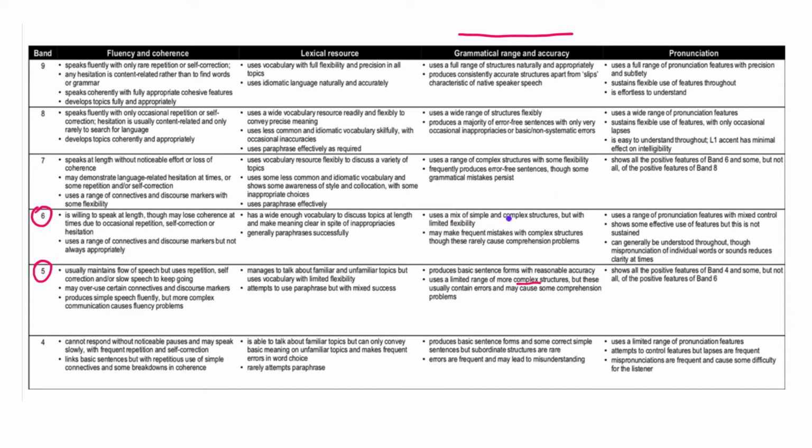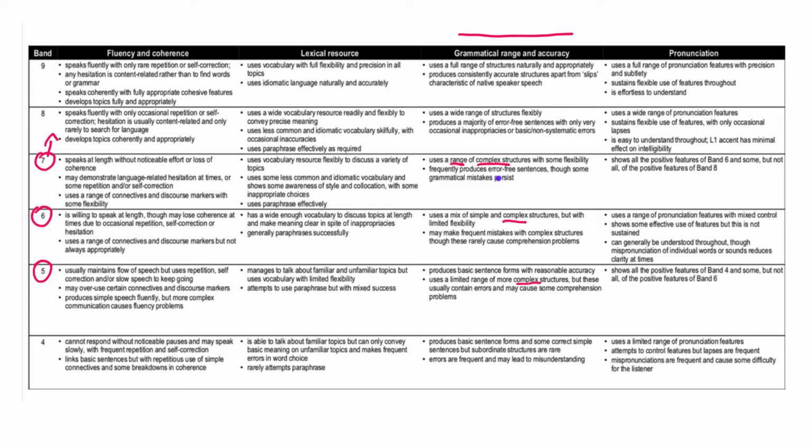Uses a mix of simple and complex structures. Okay. And number 7, where many of you should be aiming, or indeed above 7, uses a range of complex structures. All right, so here we mean many different complex structures. Frequently produces error-free sentences, though some grammatical mistakes persist.